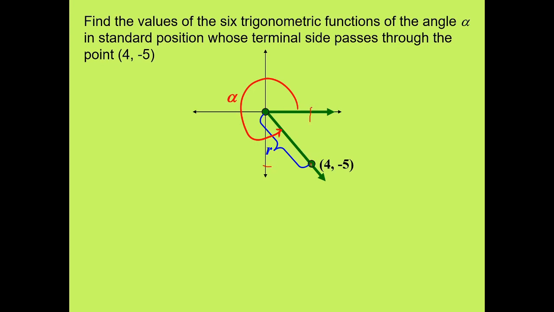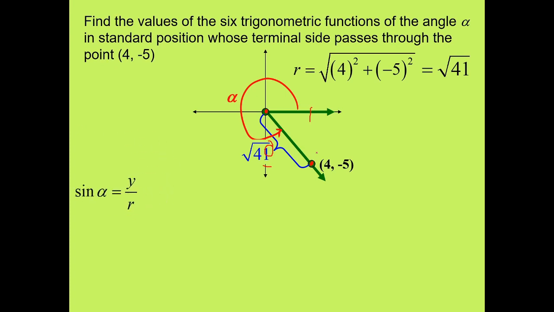So therefore this is the point. And once again, the distance from the origin to the point 4, negative 5 is what we call r. So we can get r as the square root of 4 squared plus negative 5 squared, that's 16 plus 25, or the square root of 41.